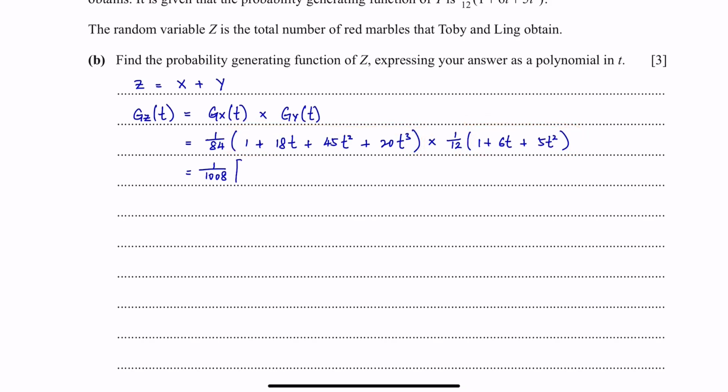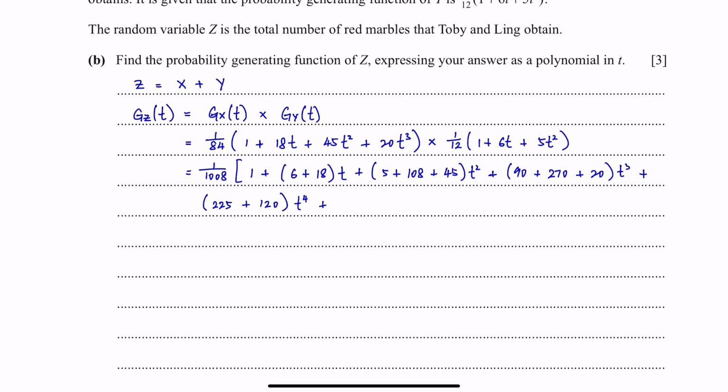So we have 1 plus 6 plus 18t plus 5 plus 108 plus 45t squared plus 90 plus 270 plus 20t cubed plus 225 plus 120t to the 4, lastly plus 100t to the 5.